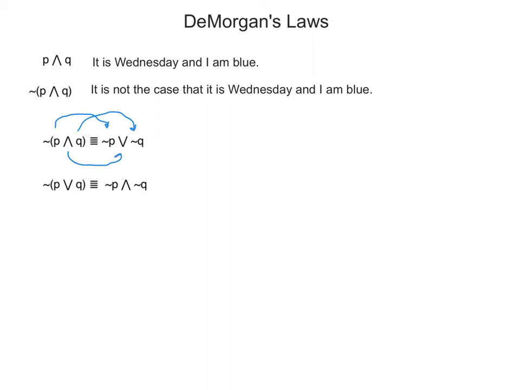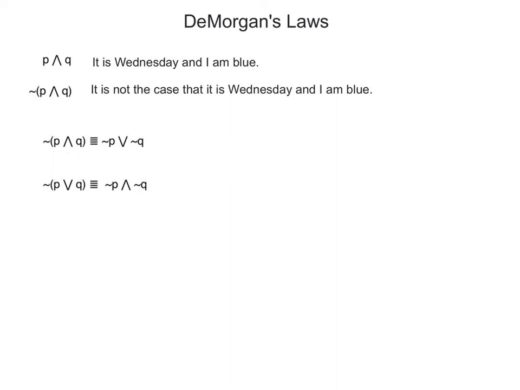The same thing for the second one. The P is converted into a not P, the Q is converted into a not Q, and the or is converted into an and. And so all across the line, everything inside that parentheses gets flipped. That's what DeMorgan's laws do.